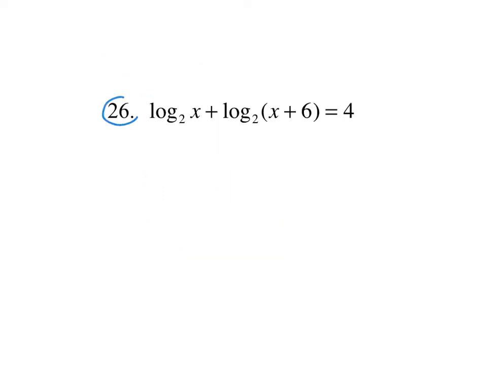Number 26, you have log base 2 of x plus log base 2 of x plus 6 equals 4. So when you have these log problems, you want to get a single log on either side, or there should only be one log at most on each side. So right here on the left-hand side, I can condense this since they have the same base. And I'm adding, so I could multiply the arguments.